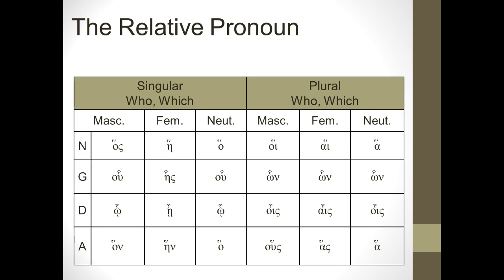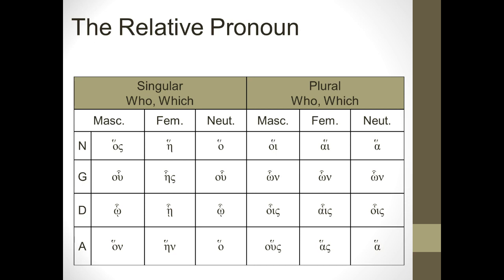Okay? Notice, too, that while the nominatives may all look like the definite article, like ho, he, ta, they're not exactly the same, and all of them have a rough breathing.